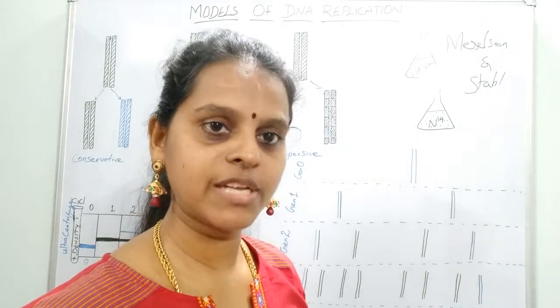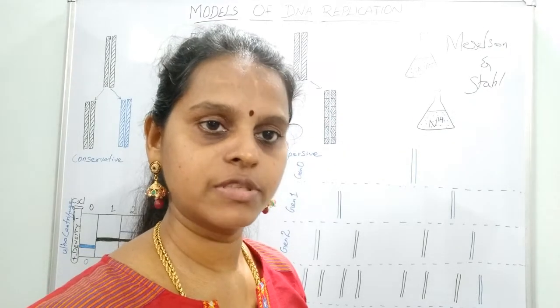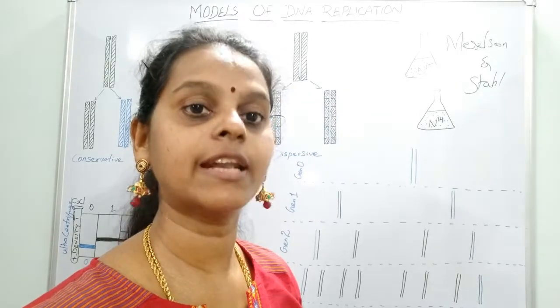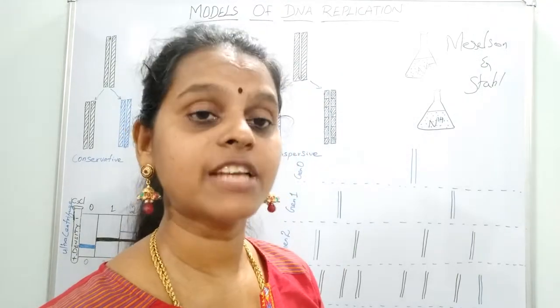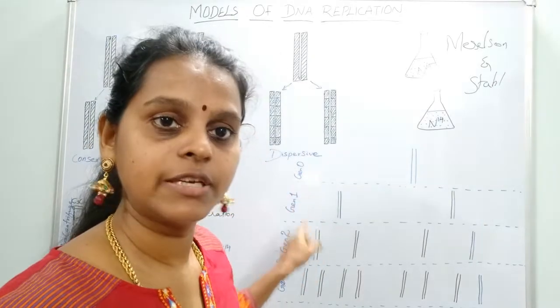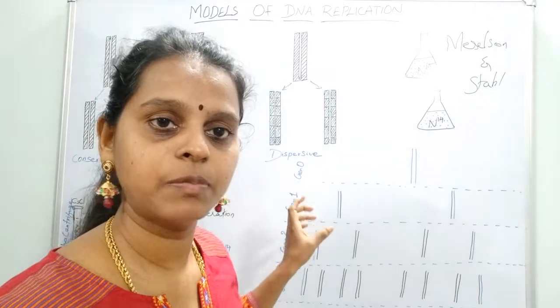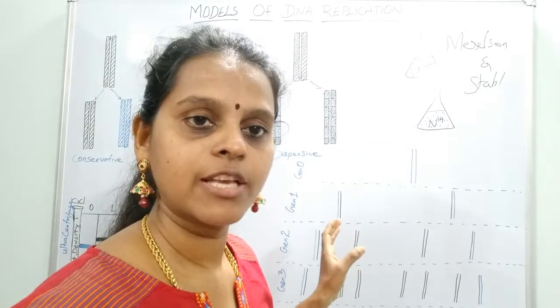For every 20 minutes, they harvested cells from the inoculated tube, isolated the DNA, and went for density gradient centrifugation to analyze whether the nitrogen is heavy or the light isotope.